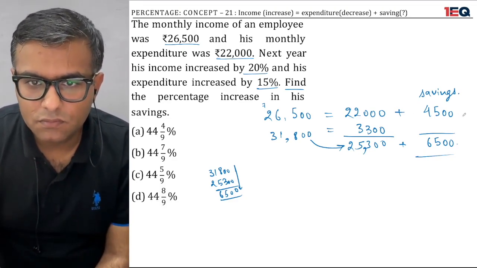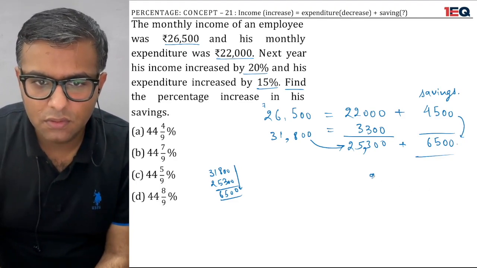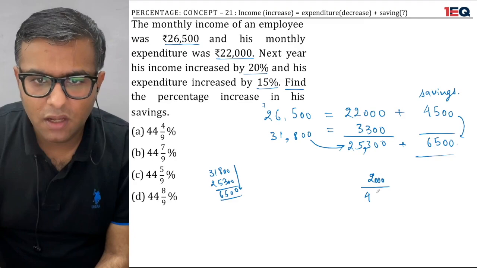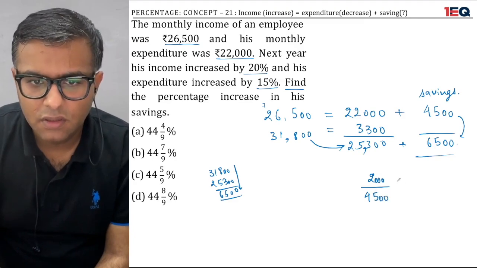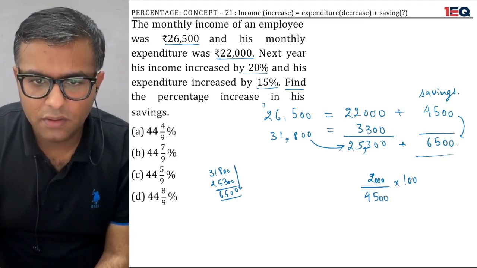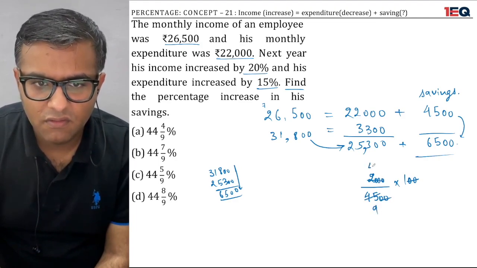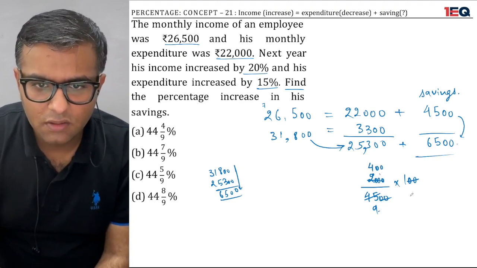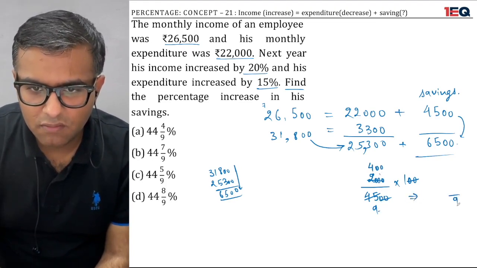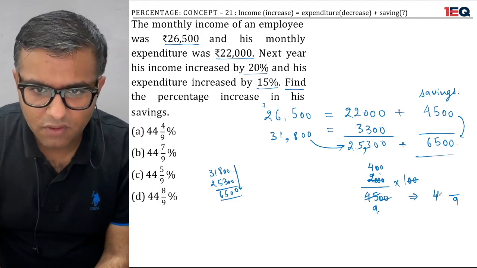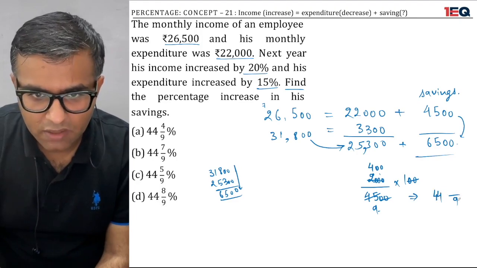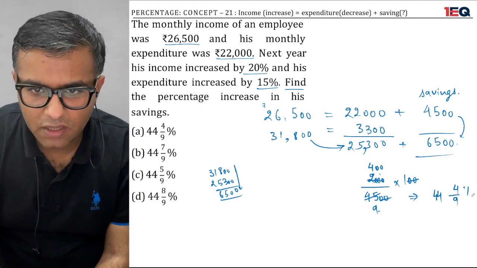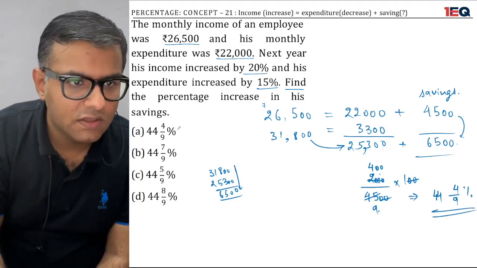Okay, so there's a difference of 2,000 occurring upon 4,500 multiplied by 100. 5 nines are 45, 5 fours are 20, double zero. 400 upon 9, anything upon 9 would have 11 in it, so it would have 44, 4 by 9 is the final answer.